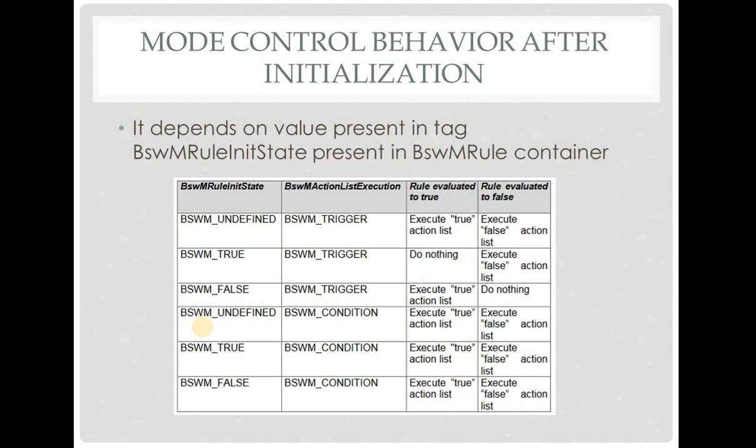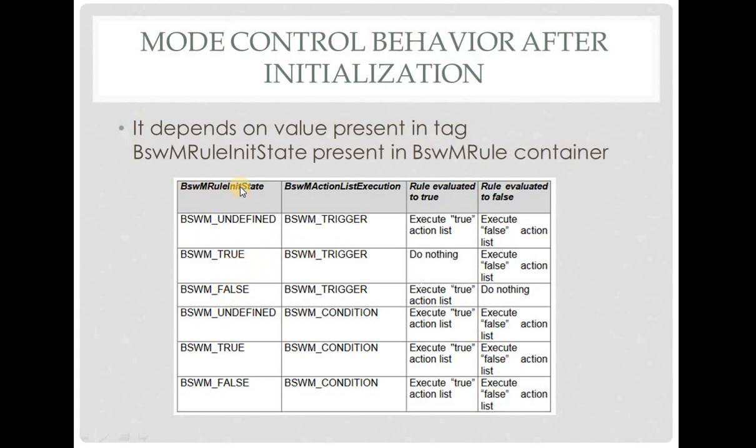Okay, now let's see how a BSWM action is executed when it is initialized. As I told you, this trigger condition plays an important role here also, and the main tag which is used here is BSWM rule init state. There are three values to it: BSWM undefined, true and false.